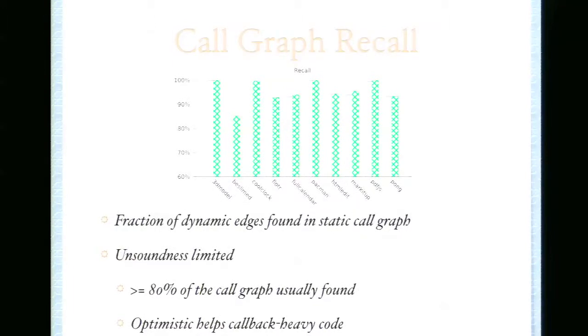And again, the unsoundness is actually limited, given how much stuff we're ignoring. And again, notice 60% is the origin, and recall is high, right? It's greater than or equal to 80% mostly. And in this case, optimistic versus pessimistic goes the other way around.